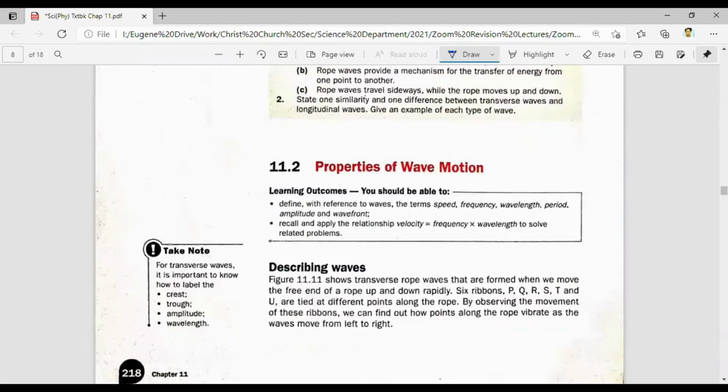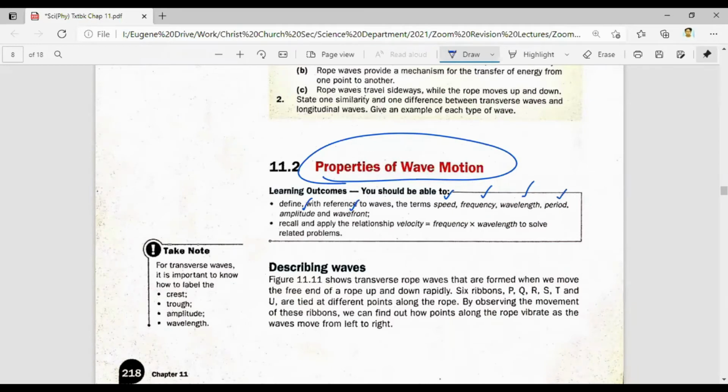Now, let's go on to 11.2. So we're going to really look at the wave motion, the property of the wave motion. With reference to waves, we're going to learn about the concept of the speed of the wave, frequency of the wave, wavelength, period, amplitude, and wavefront.